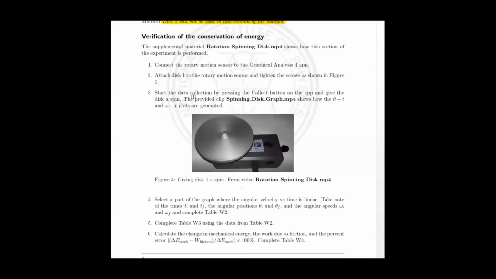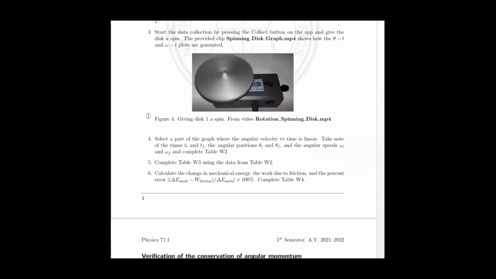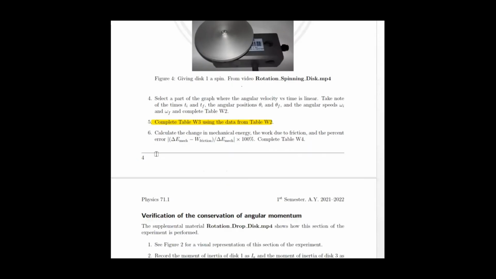So we don't need your data collection steps here. So we'll complete table 3. Puro calculation ito. Data is already calculated for you. So very important, yung change in mechanical energy, which is the work due to friction, and the percent error. So lahat ng dalawa ito ay given sa taas.